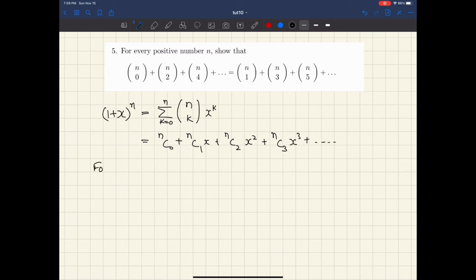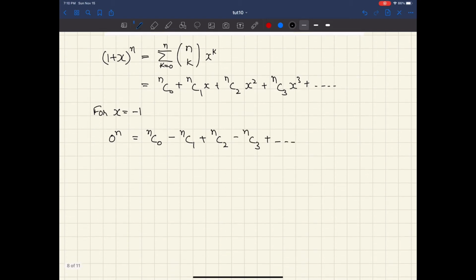Now for x equals minus 1, our left hand side would become 0 to the power n, and the right hand side here now is nC0 minus nC1 plus nC2 minus nC3, because the even powers would negate the negative sign while the odd powers will keep that sign. So we'll just separate out the negative terms.